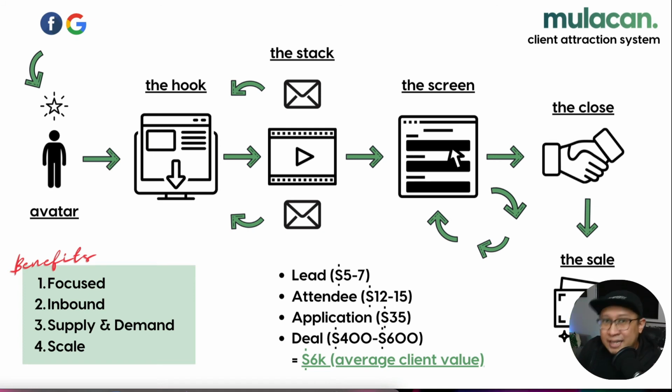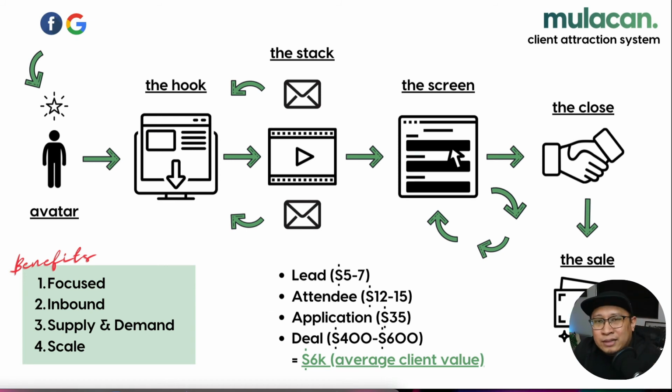But if you think back again, our average size of web project is about 6K. So let's just take the $600 value of each client that we spend on ads, and we get $6,000 in return. So from $600 of investment, you get 6K in return. You get 10x out of 600.